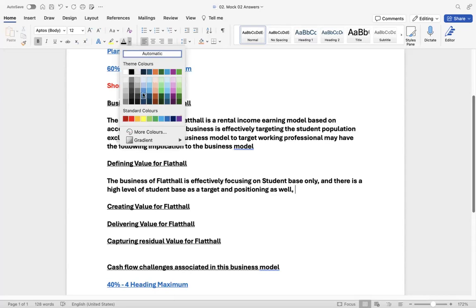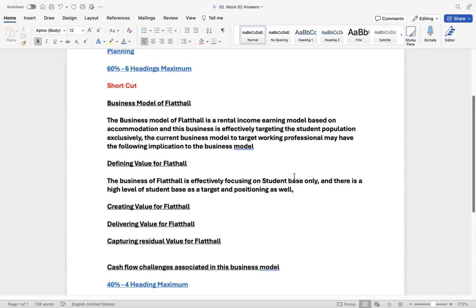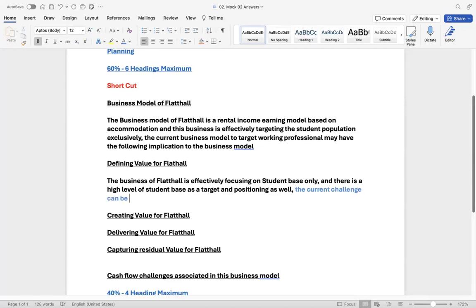Now I will connect it to our business application. The current challenge can be, how are we going to target working professionals? That is the biggest challenge.